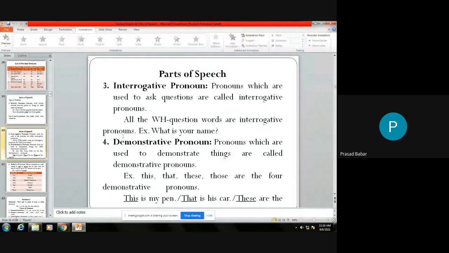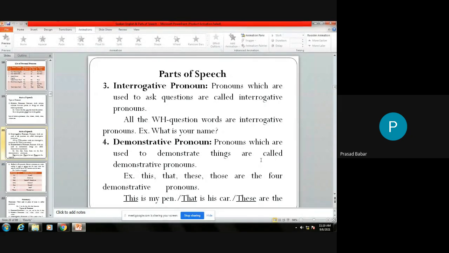Okay, then we'll see its definition. Pronouns which are used to demonstrate things are called demonstrative pronouns. So these are the pronouns which are used to demonstrate things.